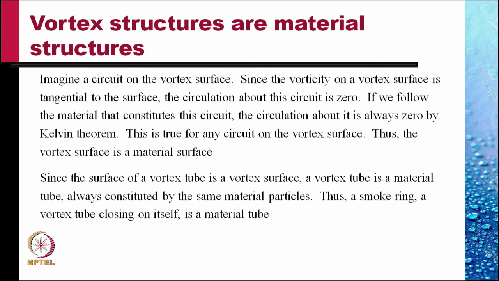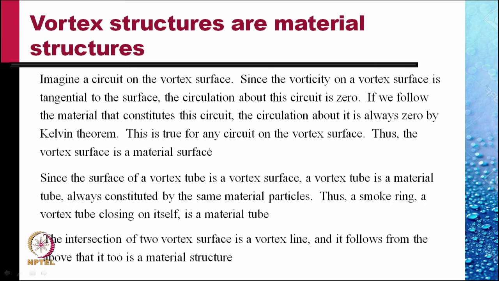That's why we see as a tube of smoke, the same smoke always. The intersection of two vortex surfaces is a vortex line, and it follows from the above that this too should be a material structure. Thus, a vortex line is a material line.